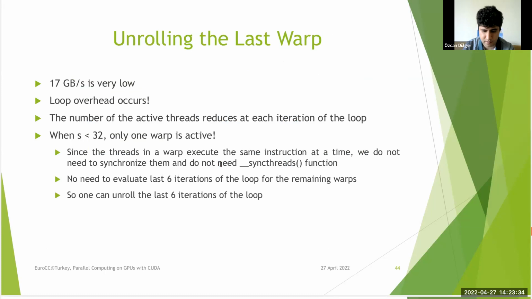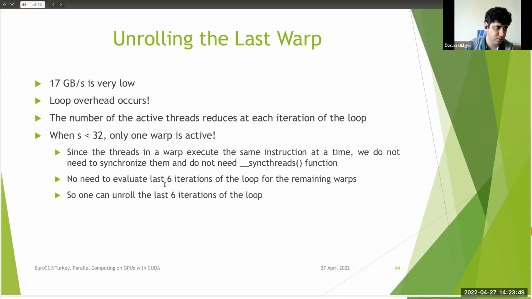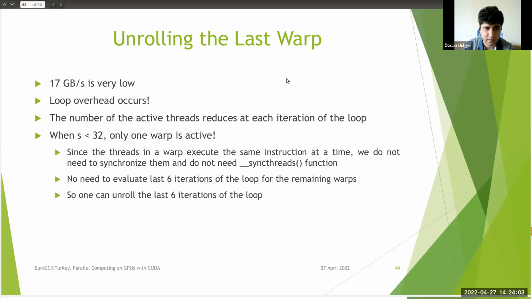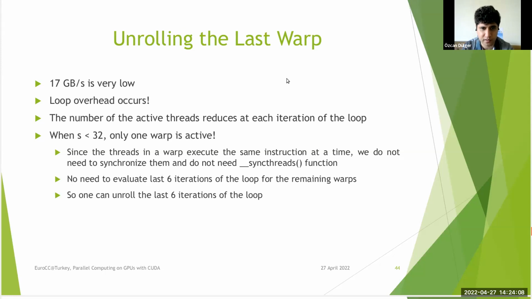Now, there are some other overheads that cause very low bandwidth. One of them is loop overhead. Loop overhead occurs in these approaches. What that means is, at each iteration of the for loop, the number of active threads reduces.